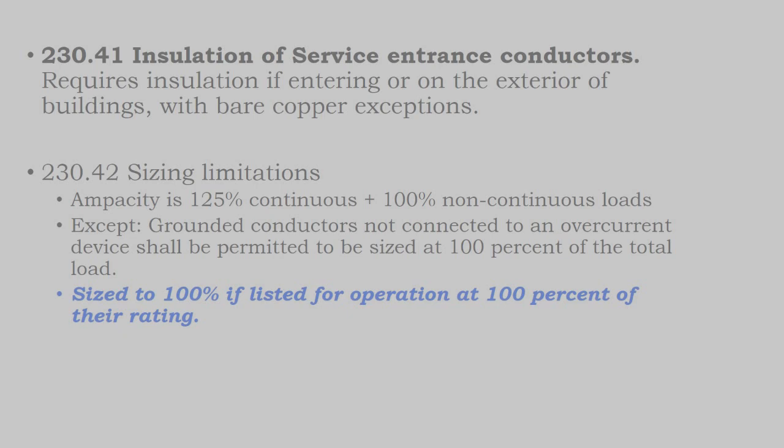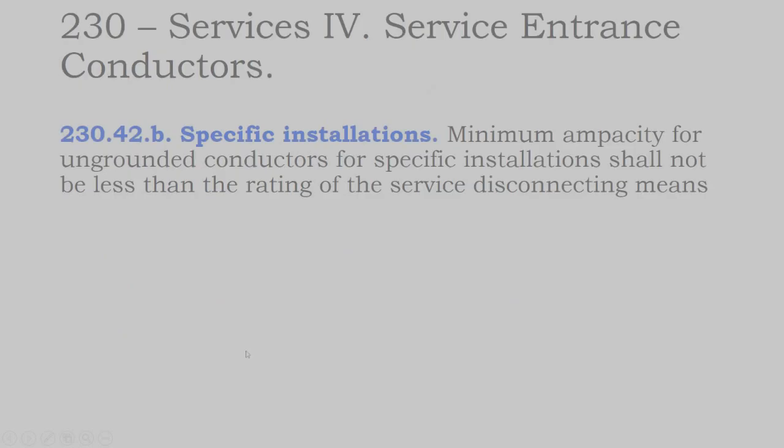What that's saying is that the neutral wire, if it's not connected to an overcurrent device, is permitted to be sized at 100% of the load with no additional 25% allowance for the continuous load. What that means is there are situations where the neutral line can be undersized, and it might save the client a little bit of money. However, in solar, you're generally not undersizing the neutral, just to avoid any mistake for the time being.